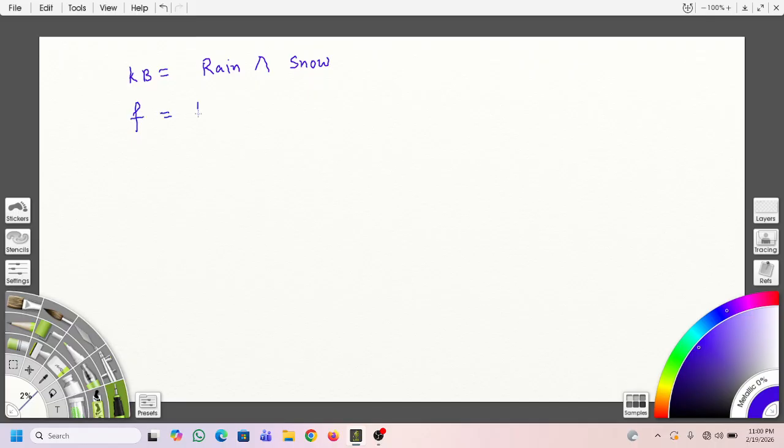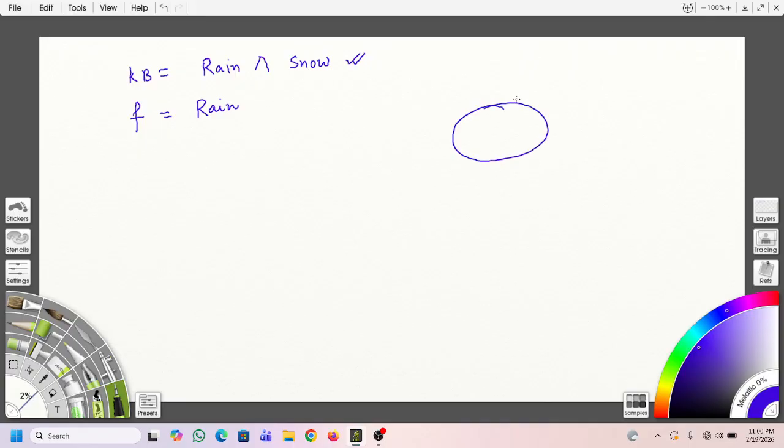Now we are taking a formula F and defining it to be rain. So it was already known that both rain and snow are occurring. Now if I am only saying that it is raining, that means it may be accompanied by snow or it may not be.